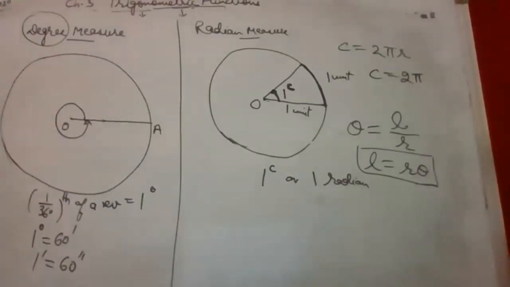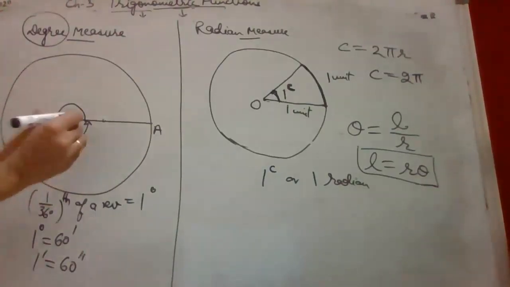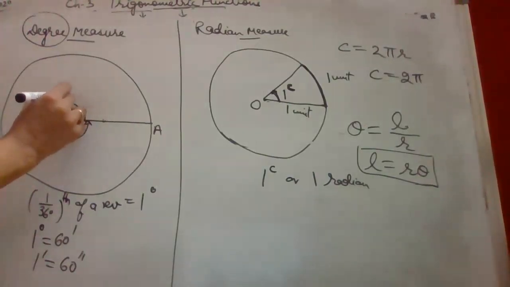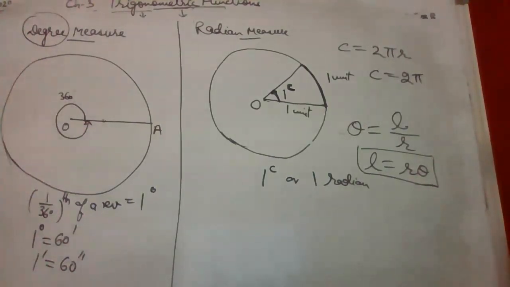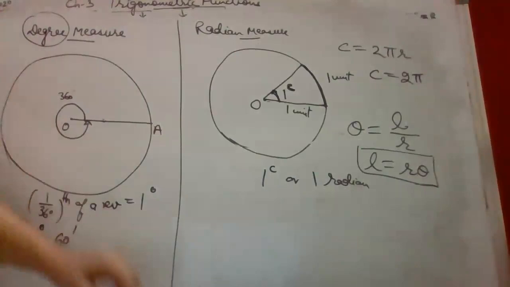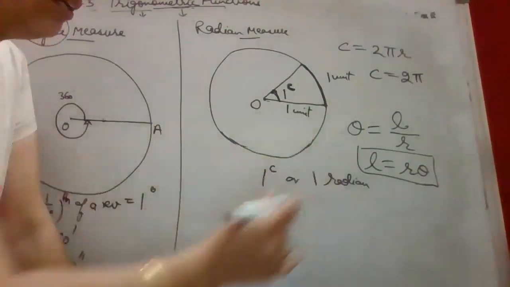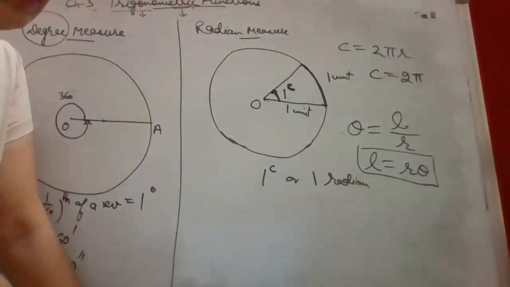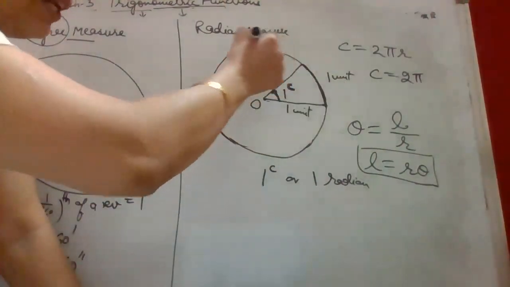Now how do we create a relation between degree and radian? What is 360 degree in radians? We know that the complete angle subtended at the center is 360 degree. When we are talking about the angle in terms of radians, we are talking with respect to the arc length.